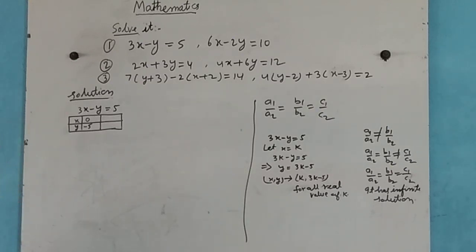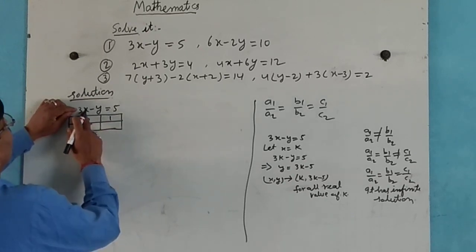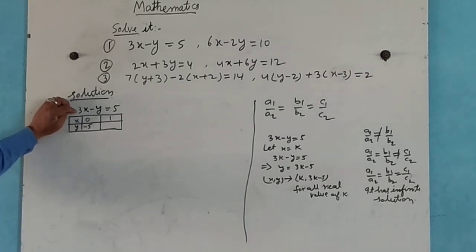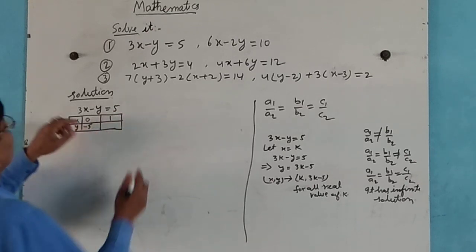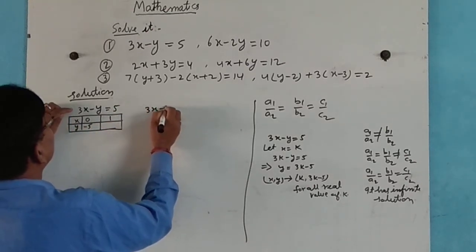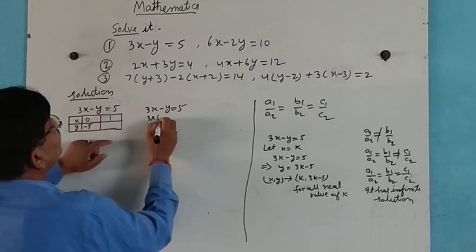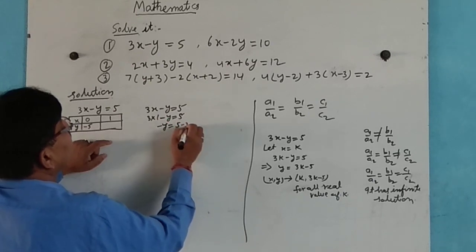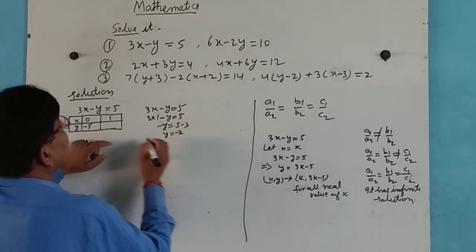If x is equal to 1, 3 into 1 minus y equal to 5, minus y equal to 5 minus 3, y is equal to minus 2.